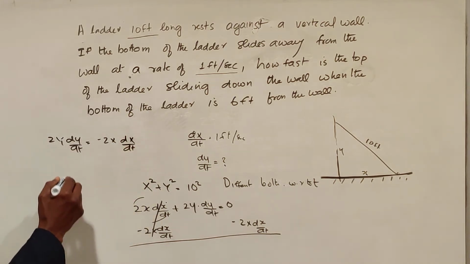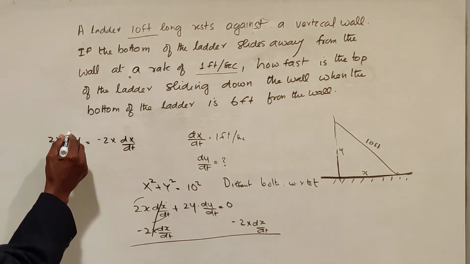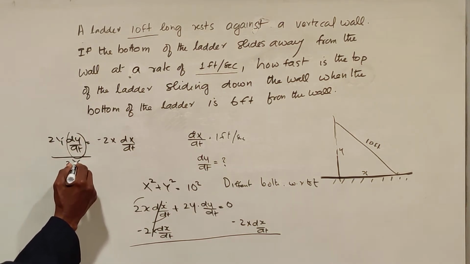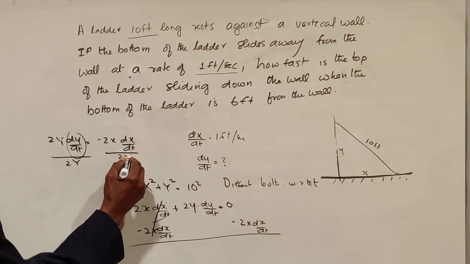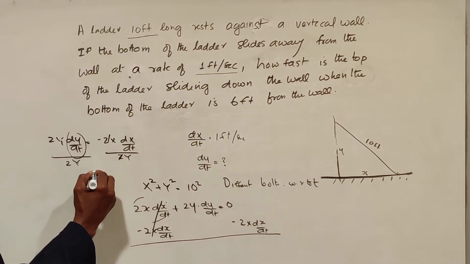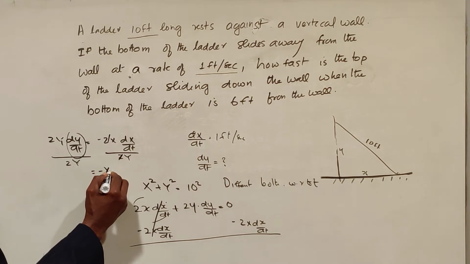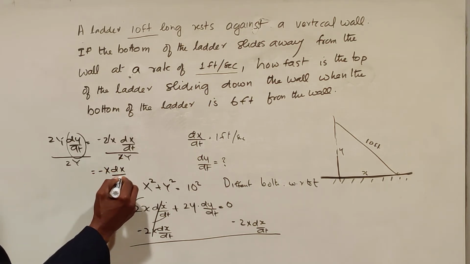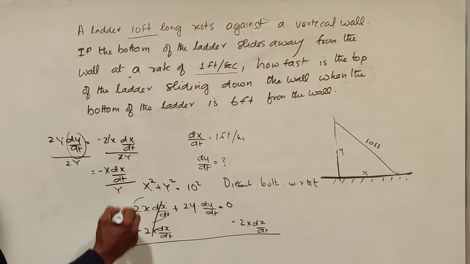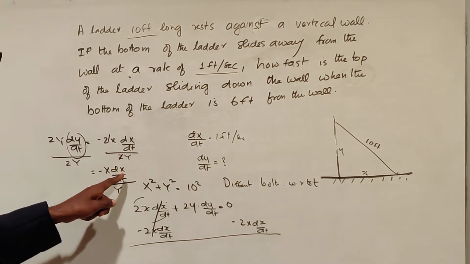Okay, then we are going to find out dy by dt, so dividing by 2y on both sides. So 2 cancels. Minus x dx by dt divided by y.